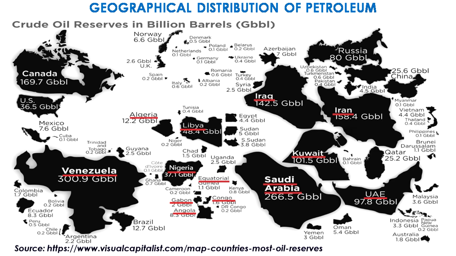Now, as you can see, most of the countries that have the large reserves are located in the Middle Eastern region. Countries like Iraq, Iran, Saudi Arabia have the biggest reserves of the world. The other big reserve that we have is in Venezuela, where the reserve is in the range of 300 billion barrels.